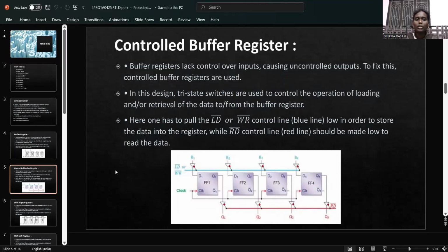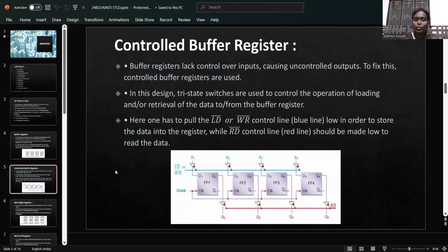After the buffer register, we are going to learn about the control buffer register. It is also a buffer register, but with a lack of control over inputs, causing uncontrolled outputs. To fix this, control buffer registers are used. In this design, tri-state switches are used to control the loading and retrieval of data to the buffer register.